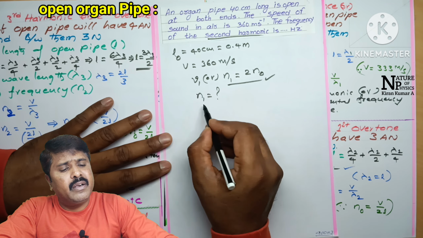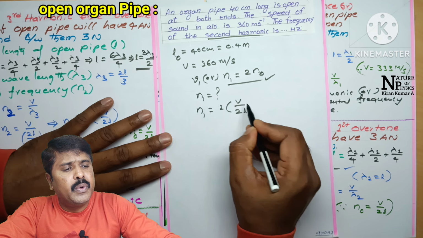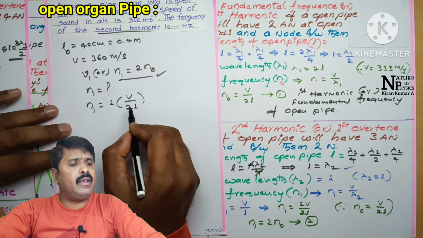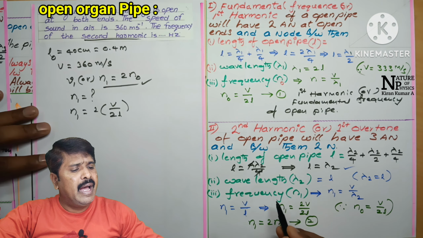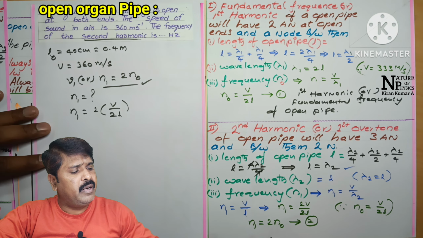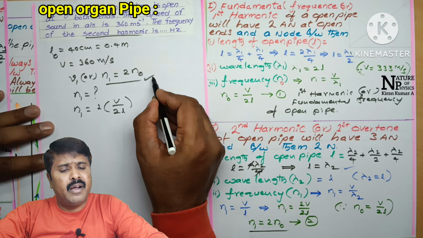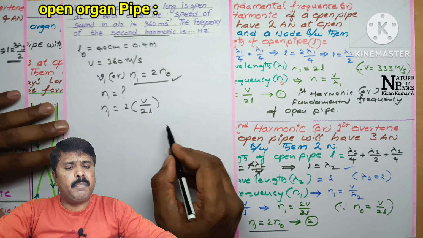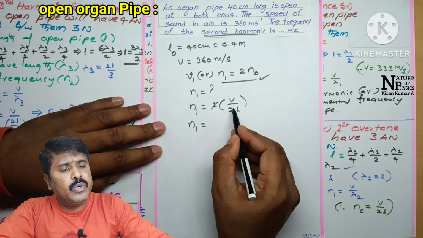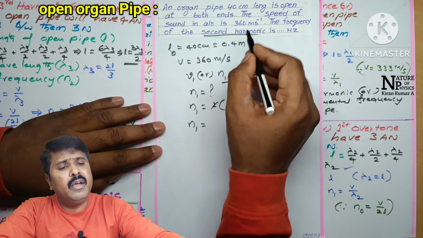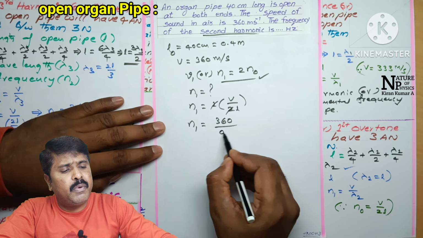Okay student, N1 is equal to 2 into N naught, where N naught is V divided by 2L. See student, here I gave you clearly. So N naught is equal to V divided by 2L, and this asks for the second harmonic, that is N1, which is equal to 2 N naught. So in the derivation, N1 is equal to 2 gets cancelled, so velocity V, how much is given in the question? 360 divided by length 0.4, student.